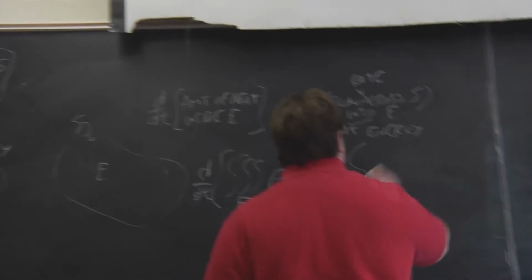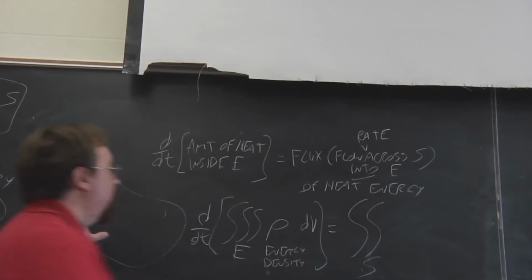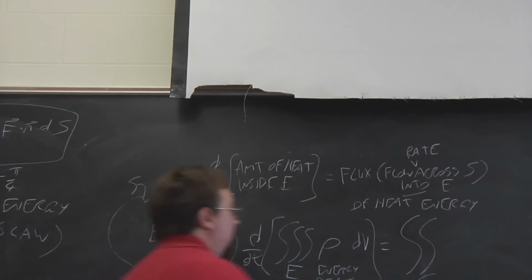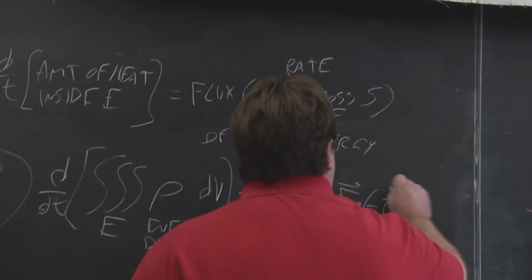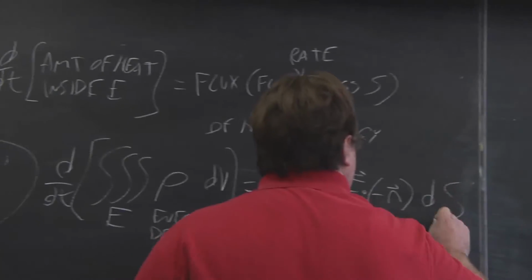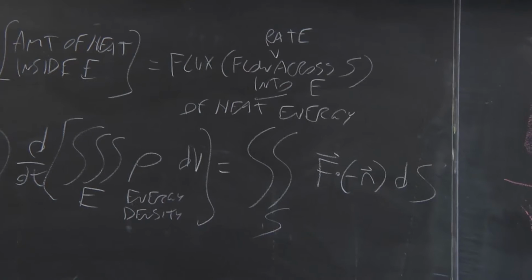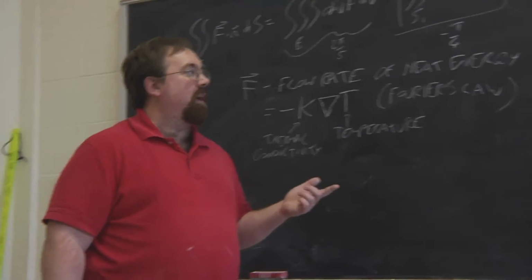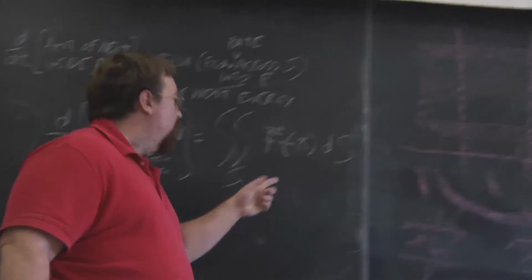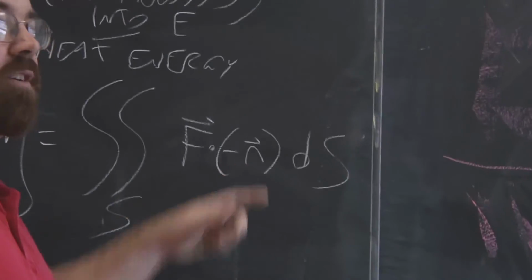And then on the right side, we're going to have a surface integral over S, and we're going to have our vector field F dot product with minus n. Yes. Why minus? Didn't you say it was heading into the object? Yes. But typically the unit normal vector is pointing out, so we negate it, so it points in. So that's the only reason I'm doing that.